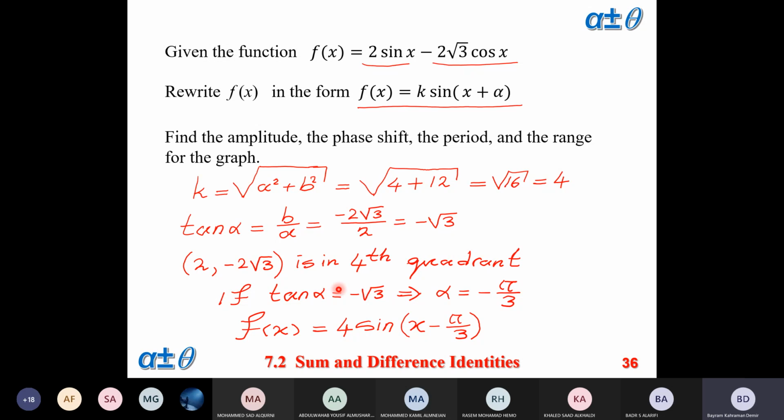So imagine if alpha is in the second quadrant and tangent alpha is negative root 3. How do you find alpha? We found the reference angle whose tangent is root 3, which is pi over 3. In the second quadrant, it's also going to be minus, right? So what is the angle in the second quadrant?